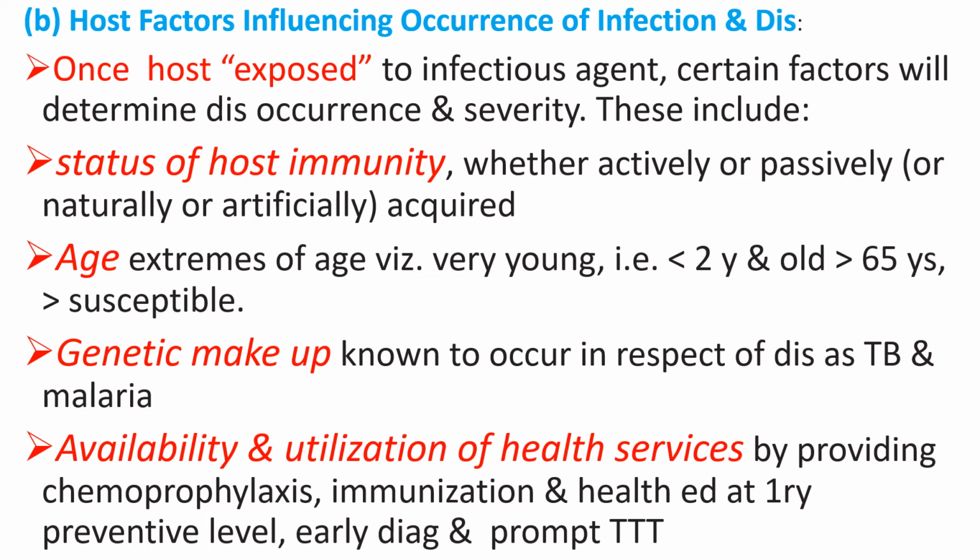Age: extremes of age, very young age versus very old age, are more susceptible. Genetic makeup is known to matter in some diseases like TB and malaria. Availability and utilization of health services, by providing chemoprophylaxis, immunization, health education at the primary preventive level, early diagnosis and prompt treatment.